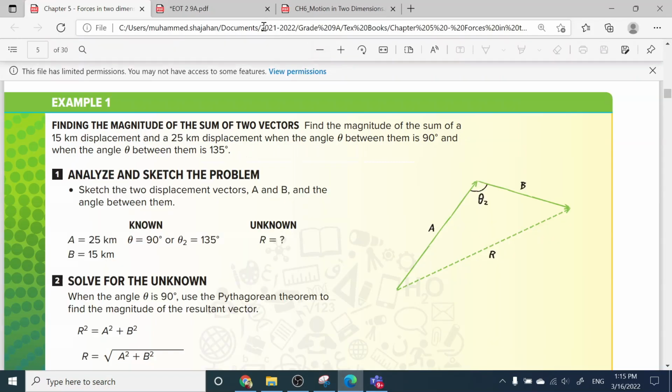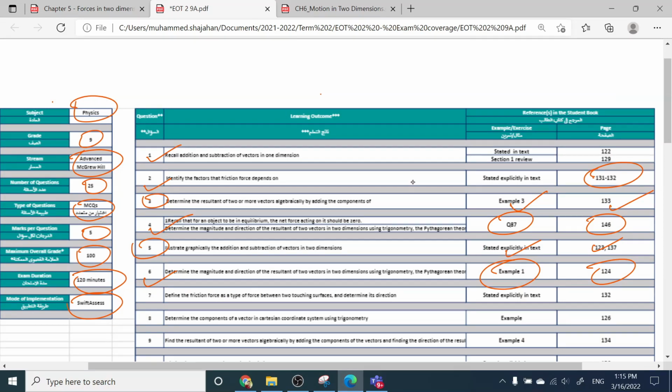Now let us move to the next question. Now we have done with question number 6, and now we are going to question number 7. Define friction as a type of force between two touching surfaces and determine its direction. The direction of friction will always be opposite to the applied force, or we can say the direction of friction is always opposite to the direction of motion of the object.